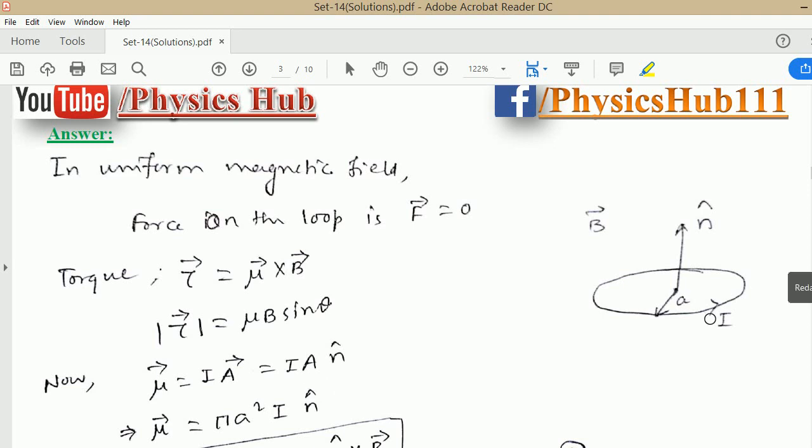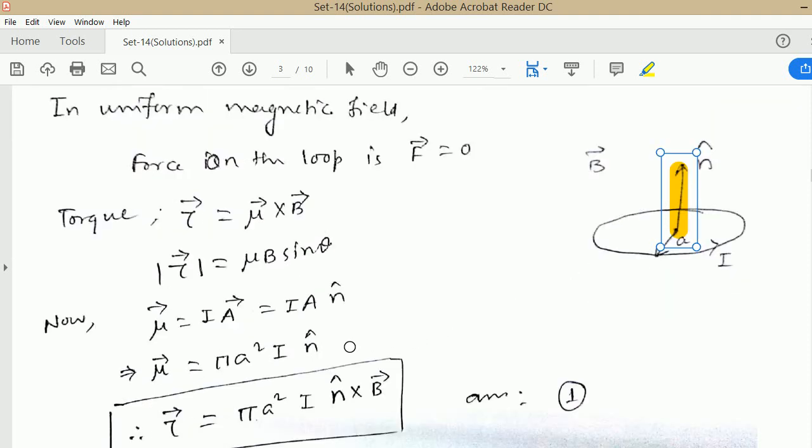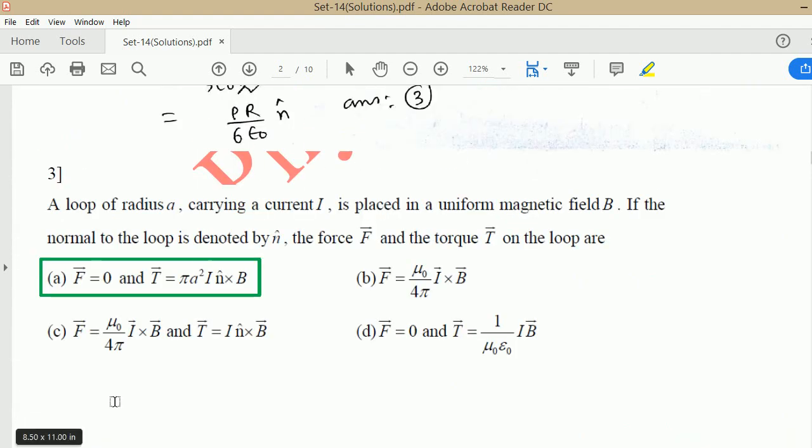So if we consider this is the plane of this loop, then the area is directed along this direction, n cap. Okay, so putting this value of mu and keeping B as it is, we get tau equals pi a square I n cap cross B cap. So it is matching with option 1.